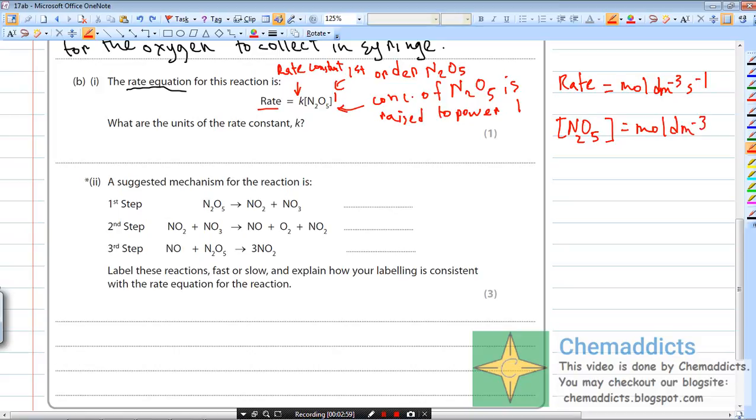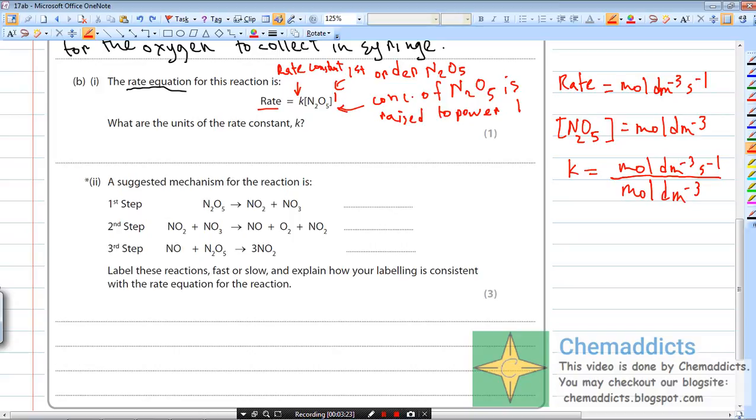So if we want to make k the subject, it will look something like this: mole per dm cube per second, divided by mole per dm cube.